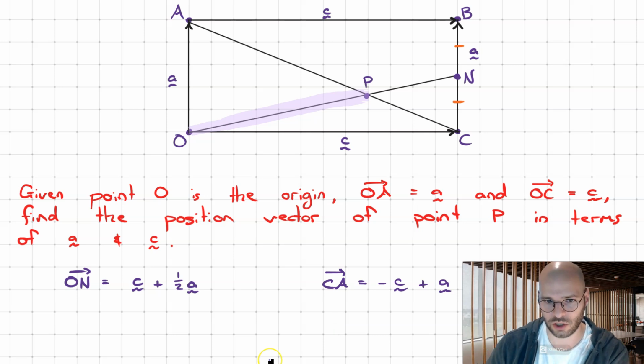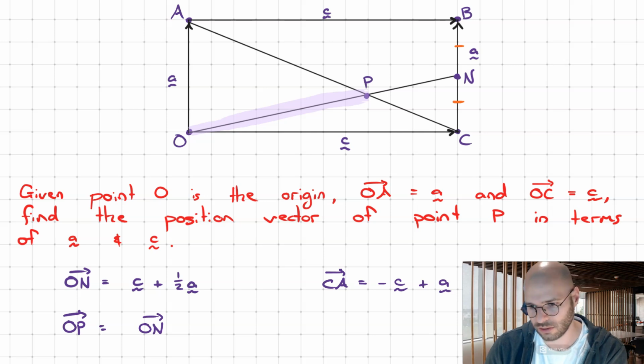Suppose we want to go O to P. We're going to travel in the direction of O to N. However, we're not going to travel all the way across O to N. Rather, we're going to travel K distance along, so dilate it by K, where K is just some non-zero number.